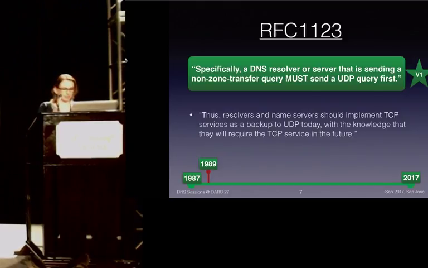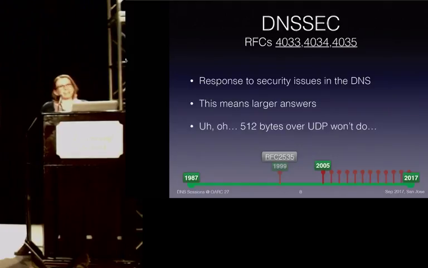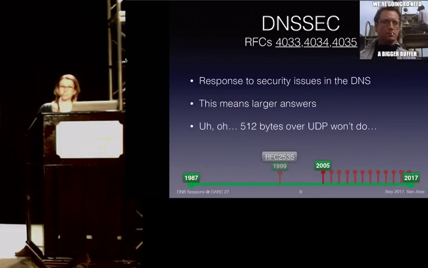So, interesting. The next big thing, of course, to come along in this space was DNSSEC. There was security issues with the DNS, we knew that. The specifications indicated we need larger answers. 512 bytes won't cut it. Okay, we need something else.